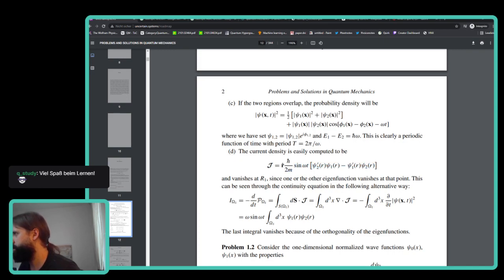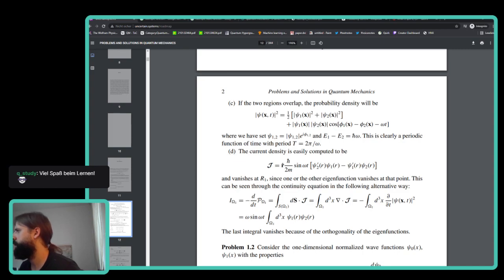That's obviously non-zero, right? Again, that should cancel out though. Vanishes at R1 since one of the other eigenfunctions vanishes at that point.